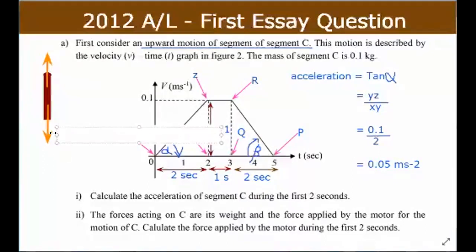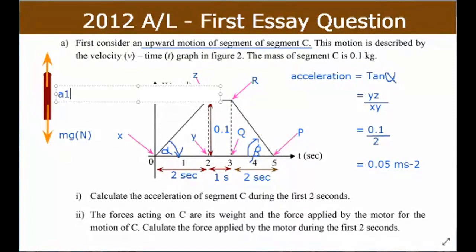So this is the gravitational attraction force, mg newton. The segment C is moving up. What is the acceleration of the segment C during the first 2 seconds? Let me mark it as a1. We have found it as 0.05 meters per second squared. That's what we have found, right?